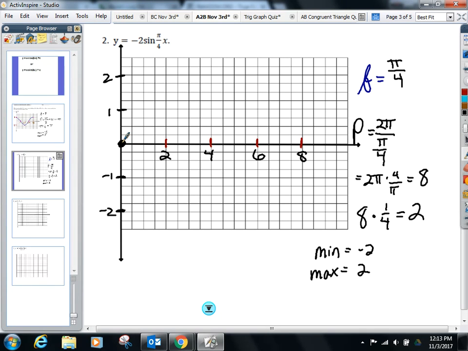According to your graphs, it goes to its maximum, but there's a negative here, so how's that going to affect it? It's actually going to go to its minimum now, which is -2. So that, again, flips it. It won't go to the max, it'll go to the min. Where's it going next? Back to 0.